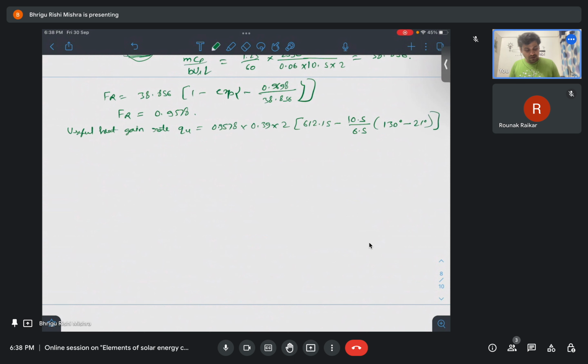Okay, so if you solve this you will get QU equals 325.78 watt. Okay, so this is the useful heat gain.